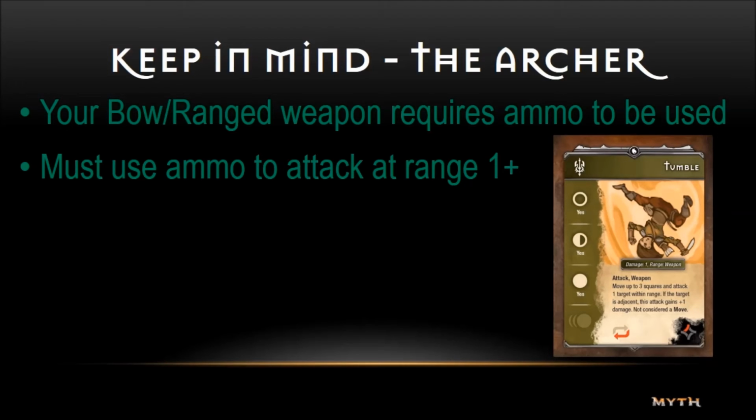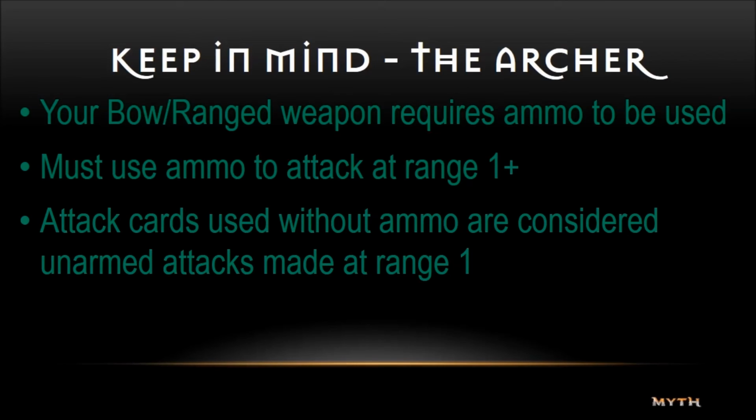I think people play this such that you don't need ammo, and if you do end up adjacent to a target, you can choose to not use ammo and attack with melee. And while you certainly could do that, you would not be able to use the bonus from your bow.